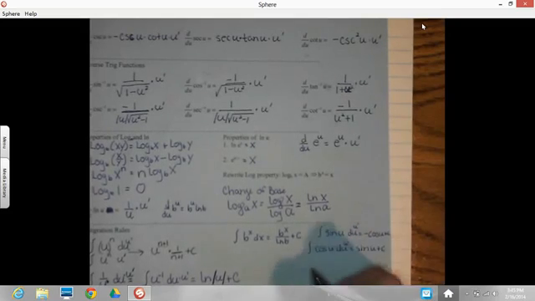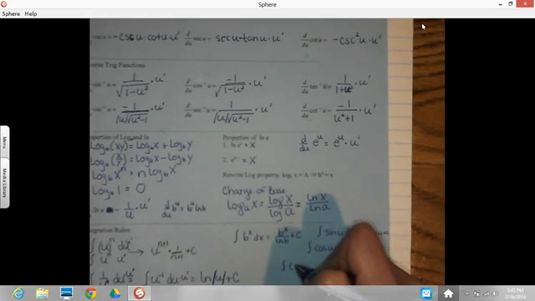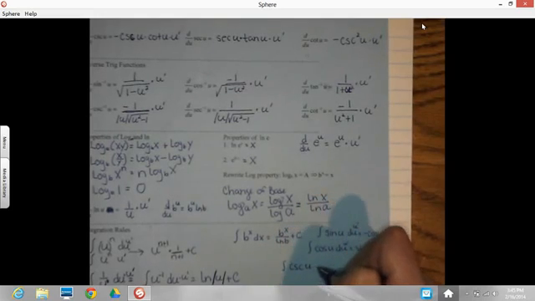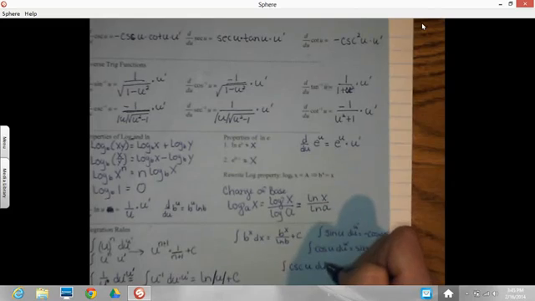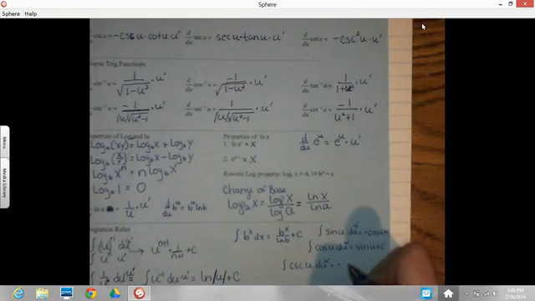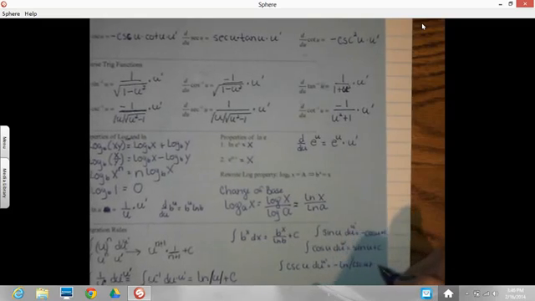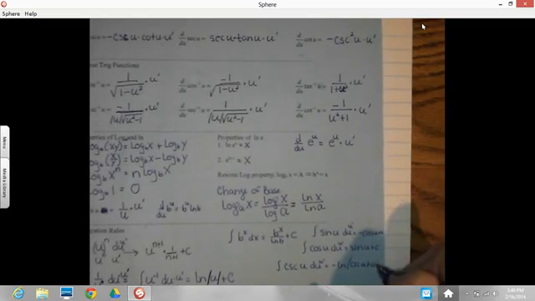Now the ones you don't know. Let's see. Need a little bit more room for these. Slide back over. Cosecant u du with the u prime is negative natural log of the absolute value of cosecant u plus cotangent u plus c.